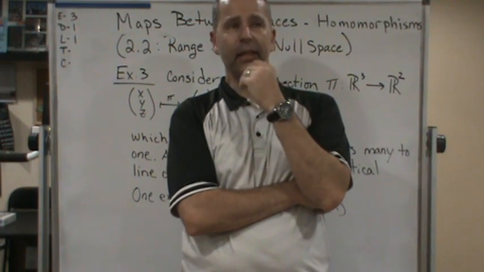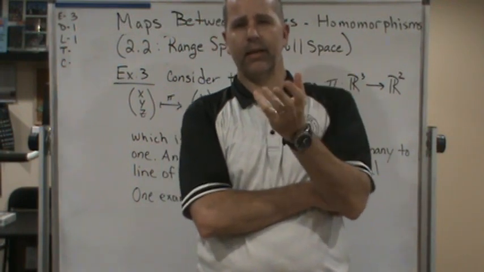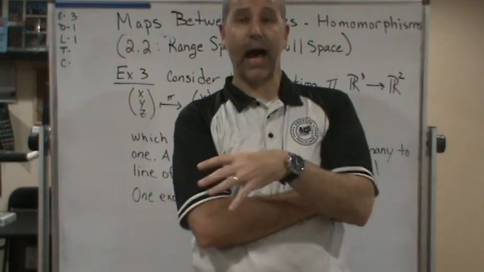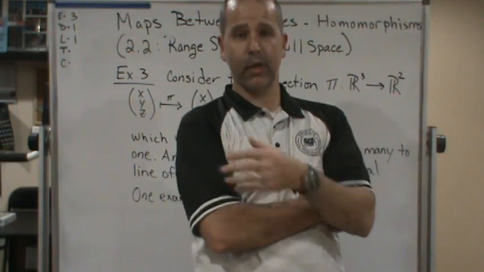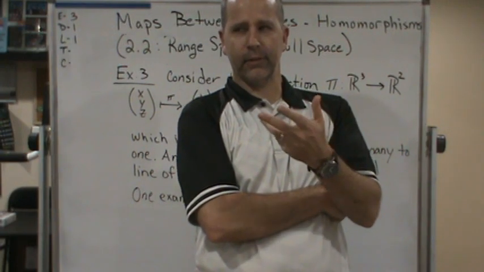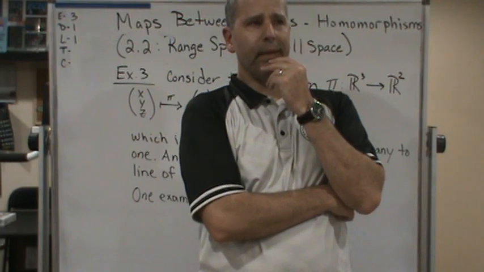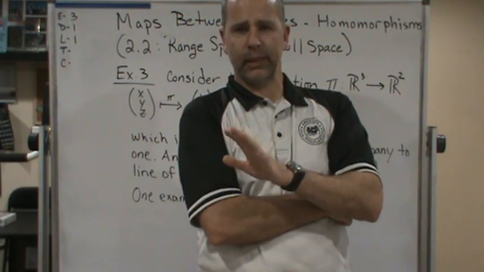It doesn't really lead to anything too interesting, because what we did find out is that it's always going to be onto a subset, in particular its range. So in that regard, not very interesting.